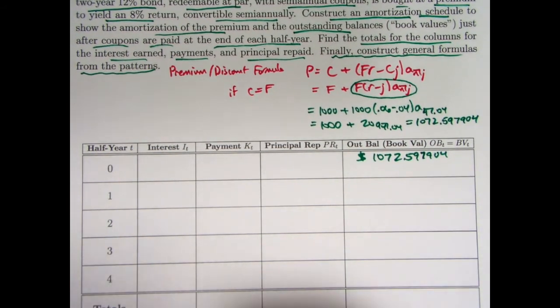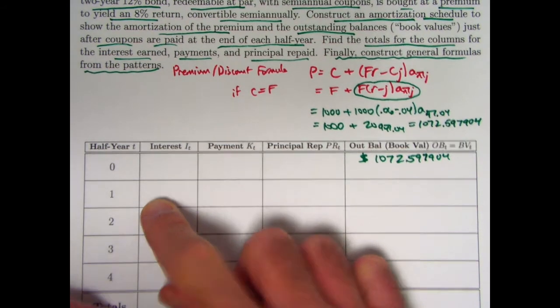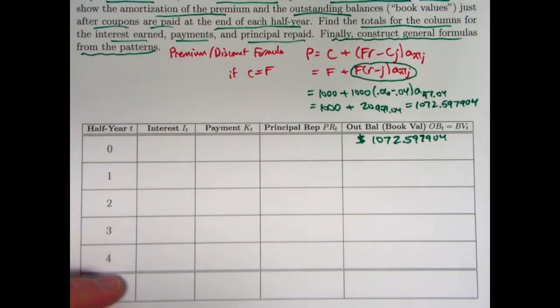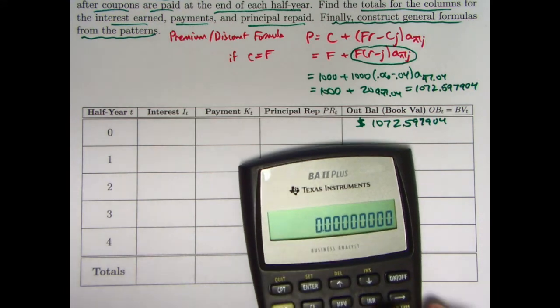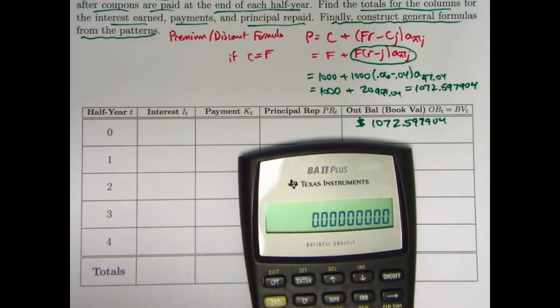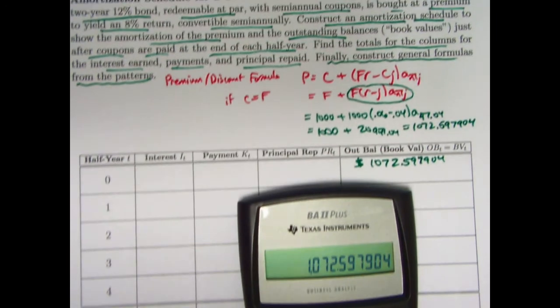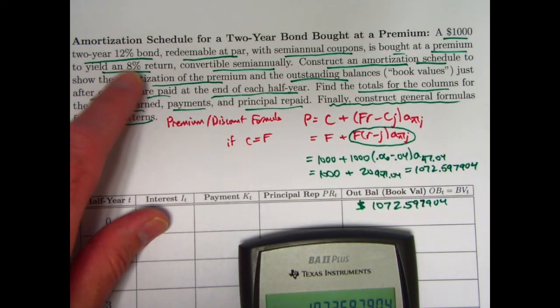So how do you calculate the amount of interest that they owe you at time 1? It is just as if you are owing some interest and maybe doing just pure interest payments on a loan, although again, the actual payments they're going to pay you, because you bought this at a premium, is going to be higher than the interest that they owe. So you take the balance, $1,072.597904, and multiply times the semi-annual interest rate, which comes from the yield rate, half of this, 4%.